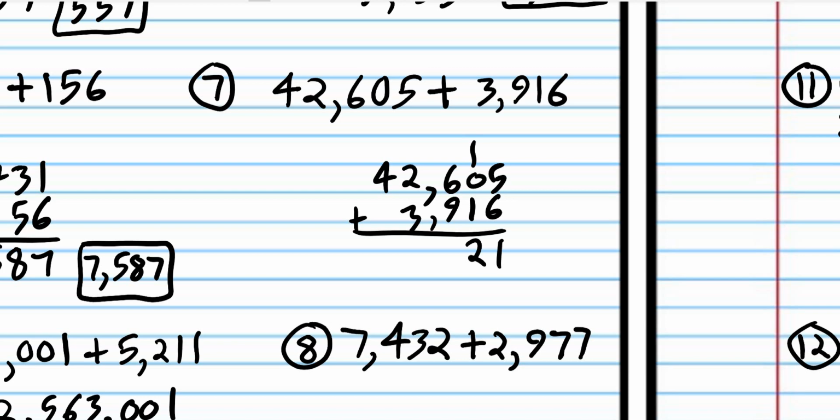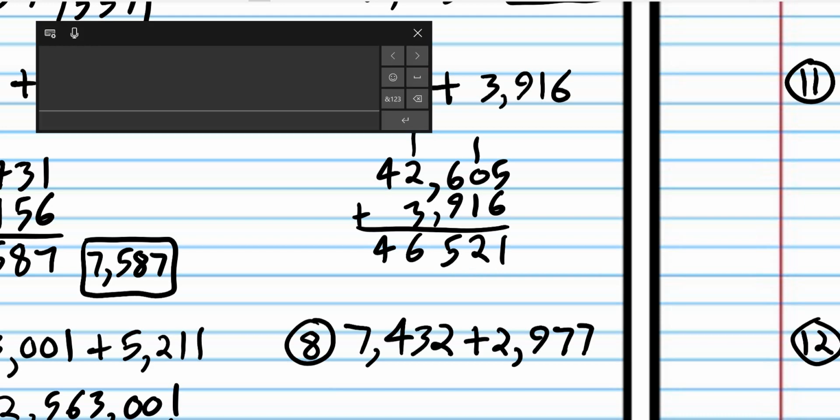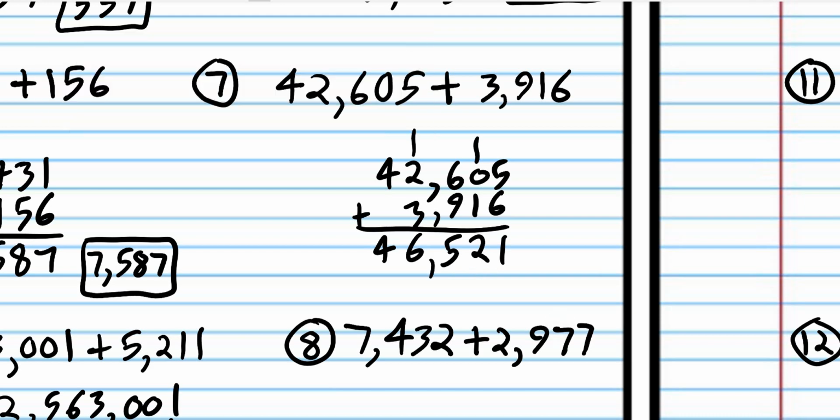So again, that's a 2-digit number, so you have to write the number in the ones place, carry the number in the tens place. Now you've got 3 plus 2 plus 1 is 6, and then 4 plus 0 is 4. Count 3 places over, and your comma goes there. So final answer, 46,521.